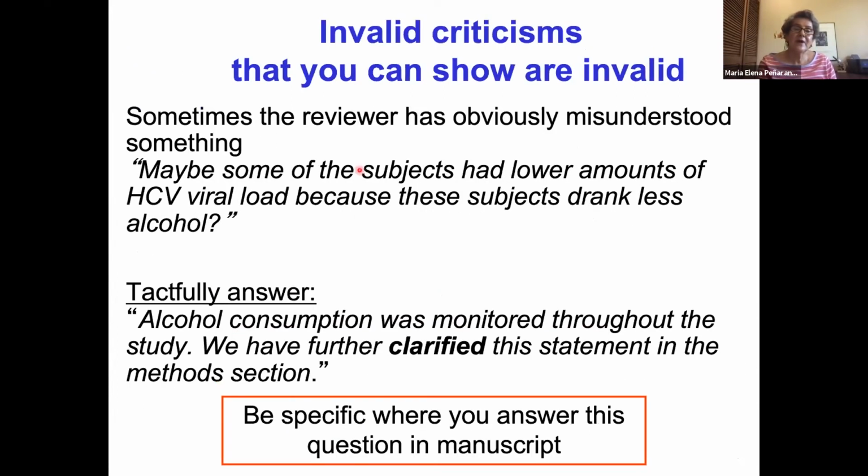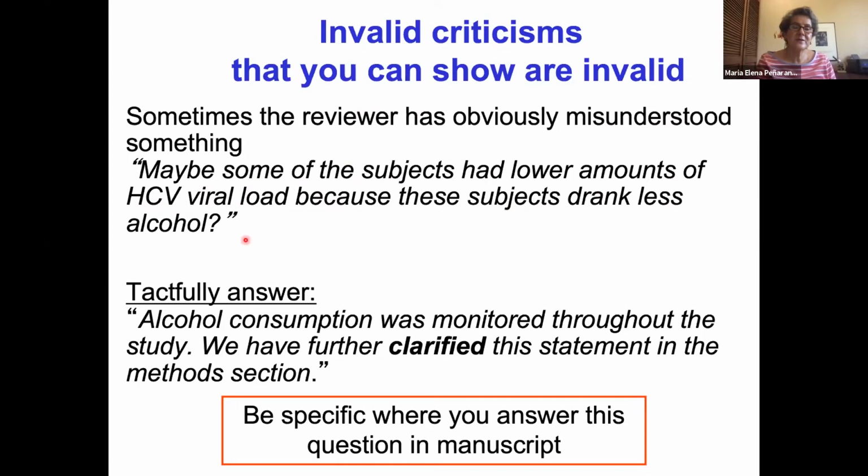Invalid criticisms that you can show are invalid. For example, por ejemplo, I switched to Spanish. Sometimes the reviewer obviously misunderstood something. "Maybe some of the subjects had lower hepatitis C viral load because they drank less alcohol.